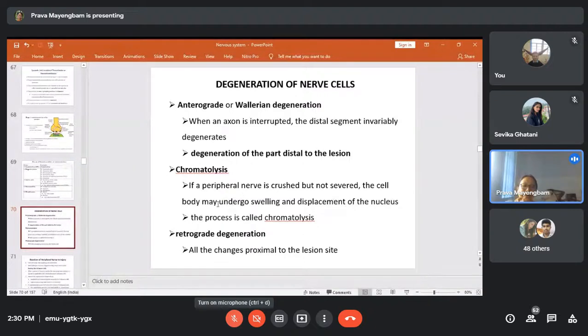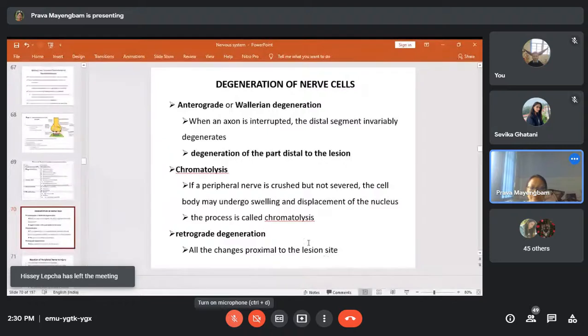Then the cell body may undergo swelling and displacement of the nucleus. So in that case, the cell body swells up and there is displacement of nucleus. Okay, and that kind of degeneration is called chromatolysis.